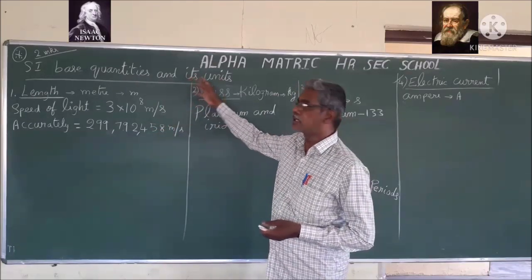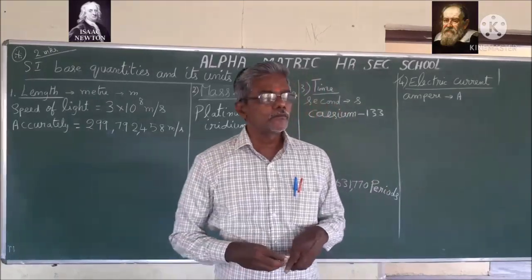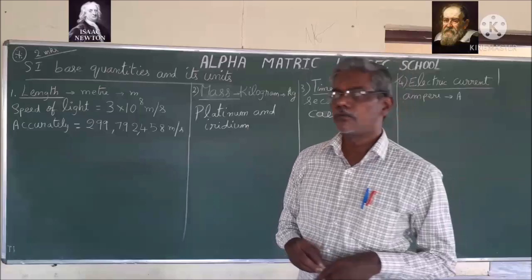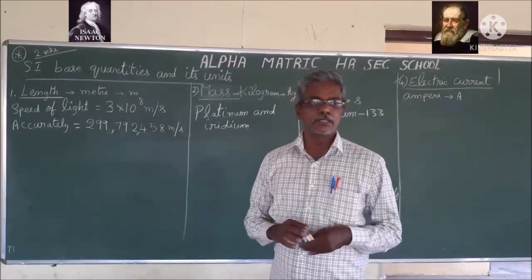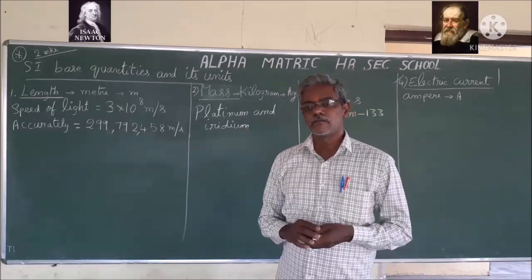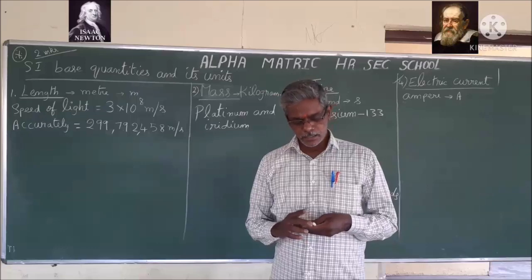It is given in your textbook, page number 9. This is a very important 2 mark question. Out of these 7, they may ask one question for 2 marks. When you write the definition, you must write what is given in your textbook as it is.